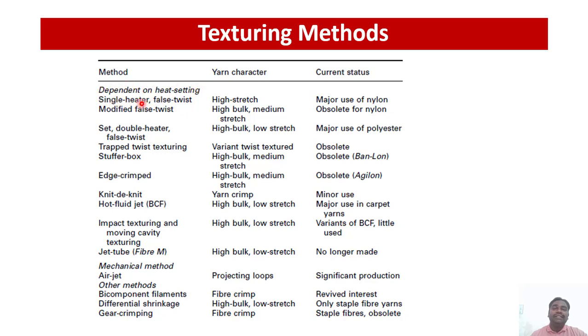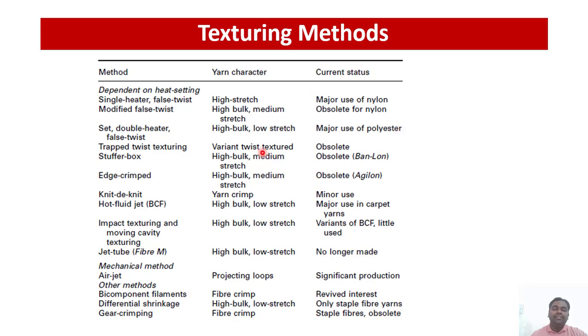Single heater false twist texturizing gives high stretch yarn characteristics, and nowadays it is majorly used in the case of nylon. Modified false twist texturizing is used for high bulk but medium stretch yarn production, but nowadays it is obsolete for nylon. Double heater false twist texturizing produces high bulk, low stretch yarns, and is majorly used for polyester yarn.